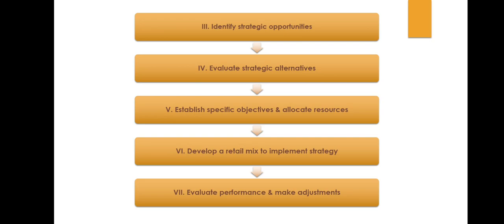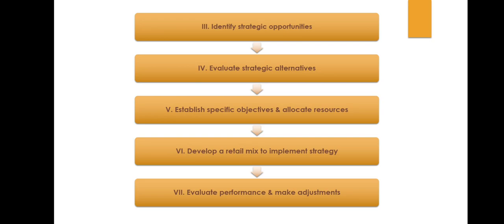Thus, these specific objectives have three components. First, the performance sought, including a numerical index against which progress may be measured. Second, a time frame within which the goal is to be achieved. Third, the level of investment needed to achieve the objective. Typically, the performance levels are financial criteria such as return on investment, sales, or profits.